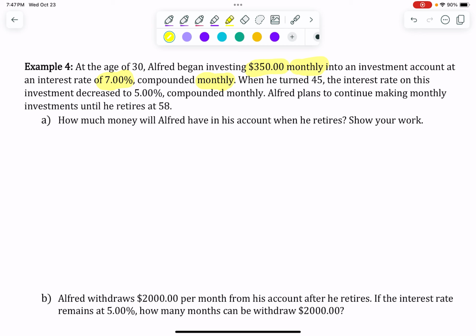When he turned 45, the interest rate on his investment decreased to 5%. Okay, compounded monthly still. Alfred plans to continue making monthly investments until he is 58. Okay, lots of information there.